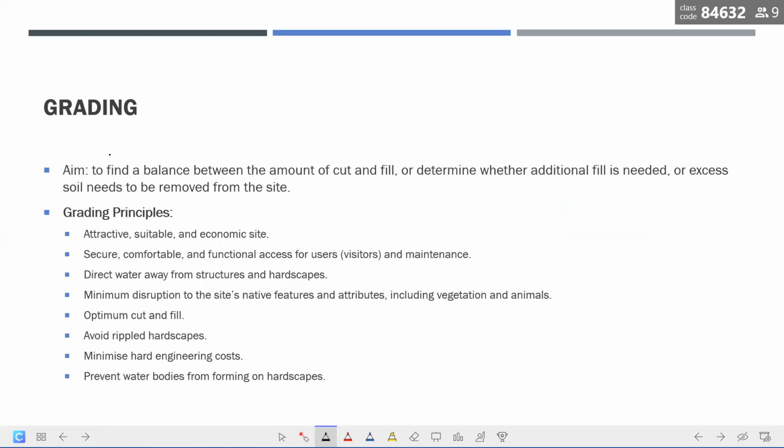So grading, the aim of grading is to find a balance between the amount of cut and fill, or to determine whether additional fill is needed or excess soil needs to be removed from the site. But I think the key words are the balance between the amount of cut and fill.